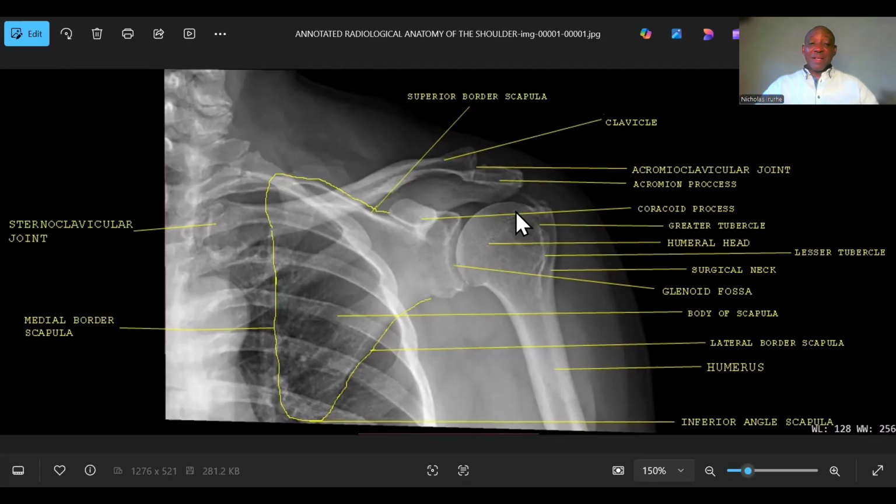I think by now I will have been able to make the X-ray anatomy of the shoulder simple enough for most undergraduates to follow.